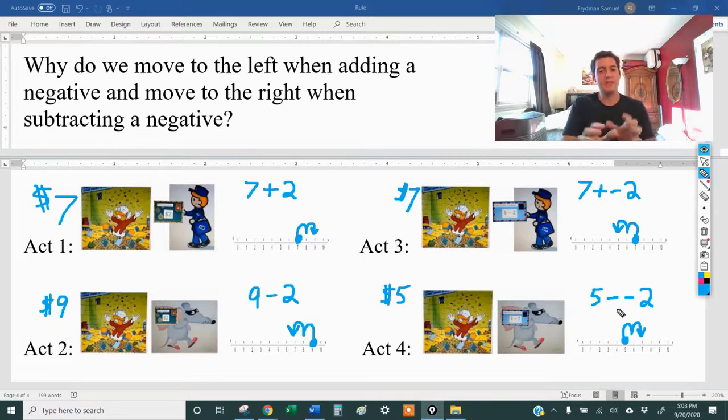All right? So these are the same rules that we talked about in the last video, but now you understand that the reason these rules were created this way was because they could be used to describe real life situations, like how your money changes if you receive a bill or a letter, or if a letter or a bill gets taken away from you.